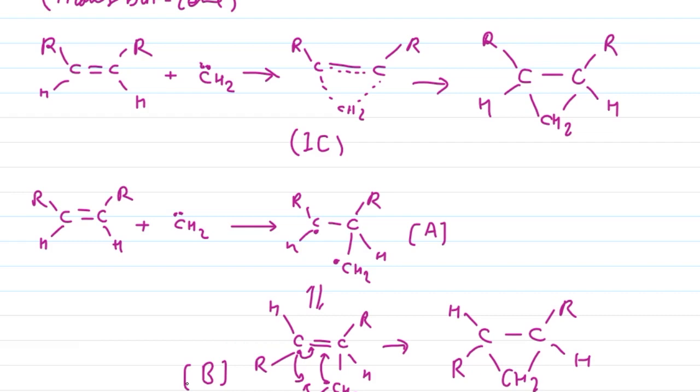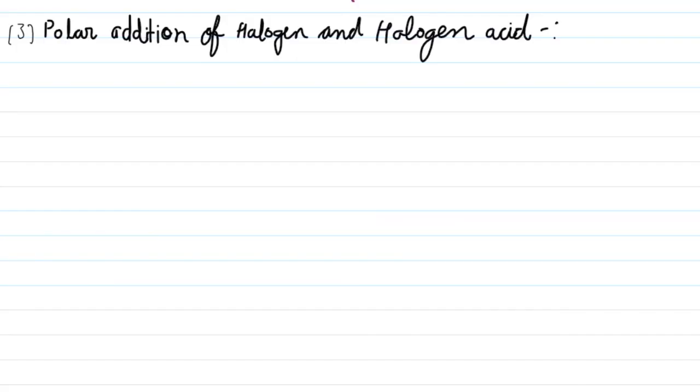Our third example of stereospecific reaction will be polar addition of halogen and halogen acid. This is the third example of stereospecific reaction named as polar addition of halogens and halogen acids.